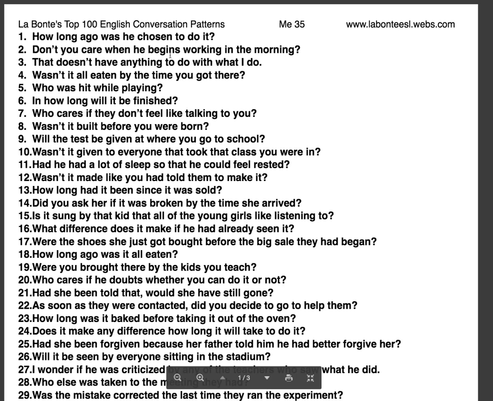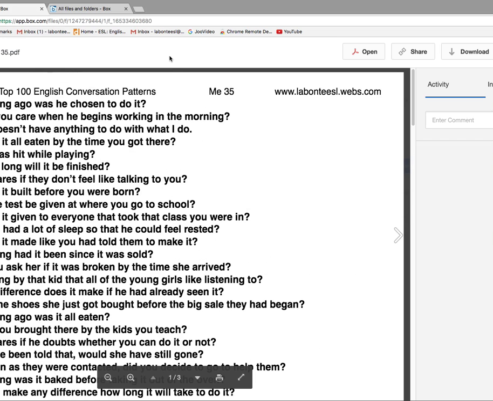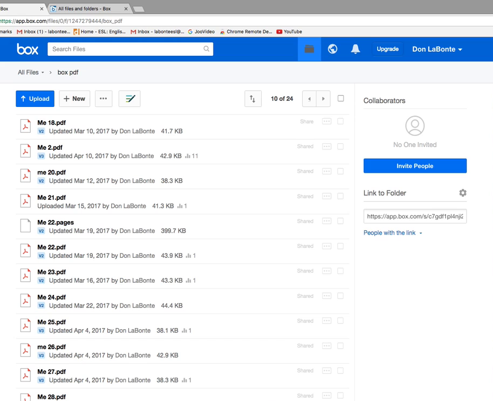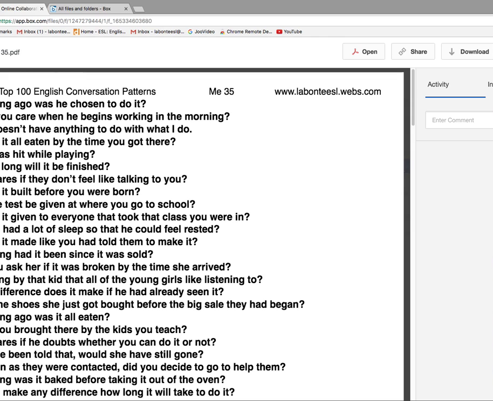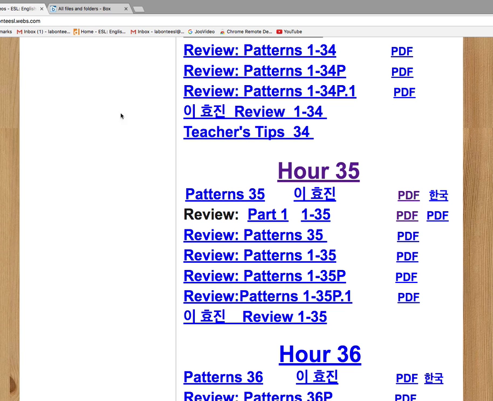So it's a pattern I find sort of difficult to teach because it's sort of hard to get a handle on it. But it's just one of those patterns that just bowls you over when a student begins to use it.